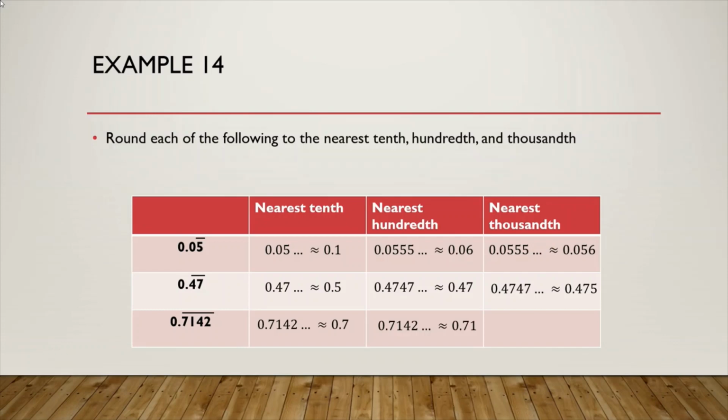That's in the hundredths place, so it's 71 hundredths. And then the 2 in the 10,000ths place indicates rounding down. So that 4 would stay the same as well as everything else. So that'd be 714 thousandths.